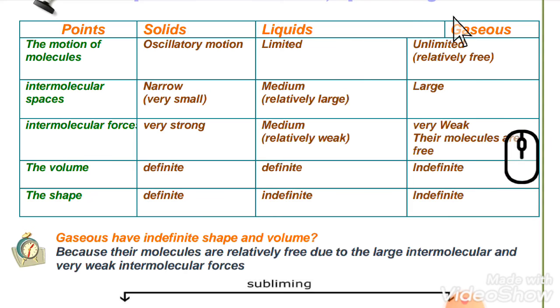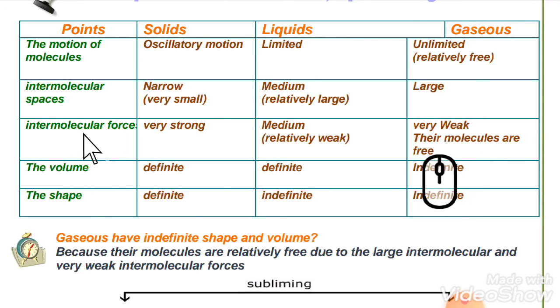It moves very freely. The intermolecular spaces for the solid are very small, so the gaps between the molecules of solids are very small. In liquids, they are relatively large, and in gases there are very large intermolecular spaces between the molecules.